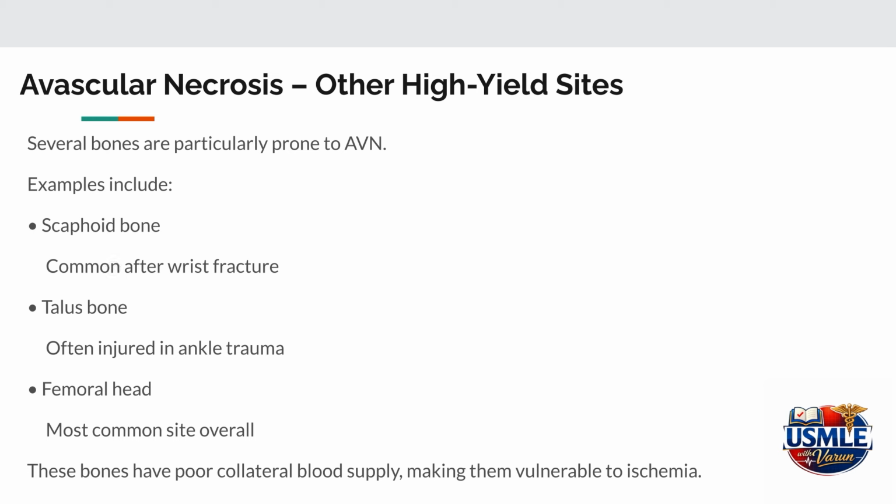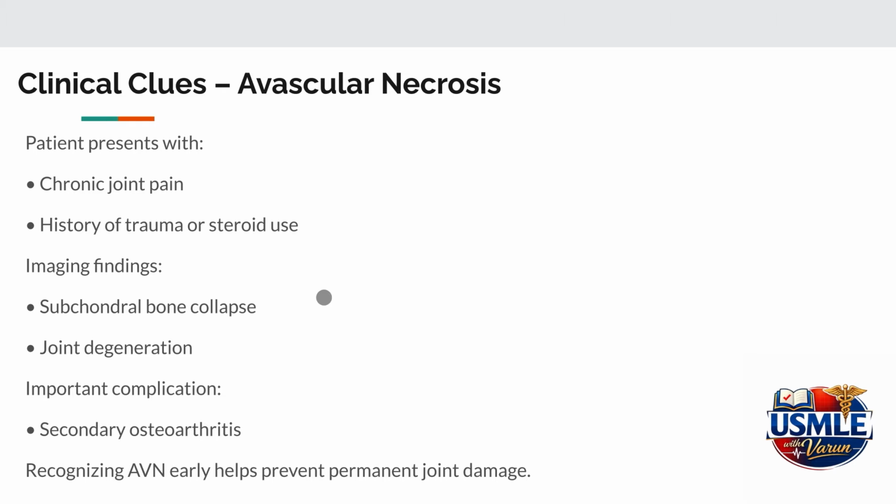Another vulnerable bone is the talus, which can develop avascular necrosis following ankle trauma, whereas the femoral head is the most common site overall. These bones are susceptible because they have limited collateral circulation. Limited collateral circulation is the highest risk factor for avascular necrosis in any bone inside our body. Therefore, when trauma affects these bones, the disruption of blood flow can easily lead to ischemic necrosis, and this can eventually progress to avascular necrosis and secondary osteoarthritis.